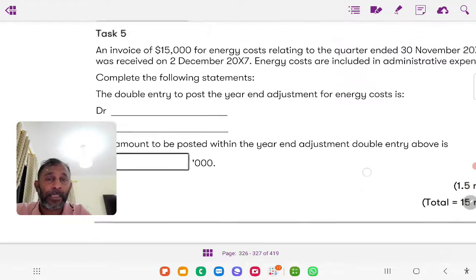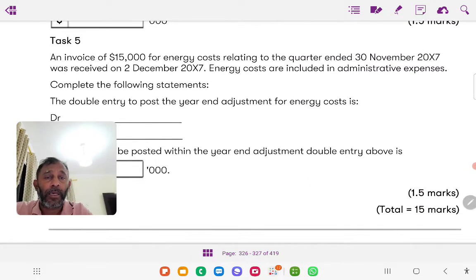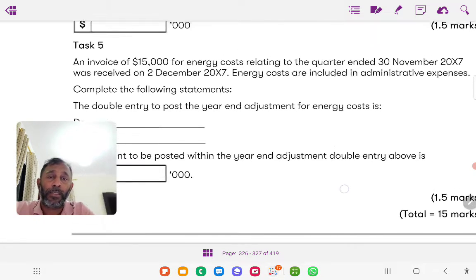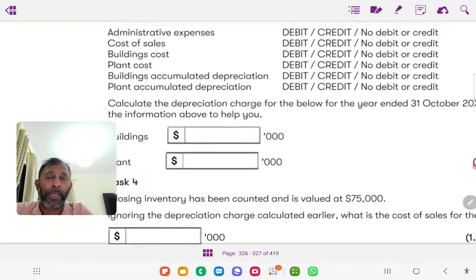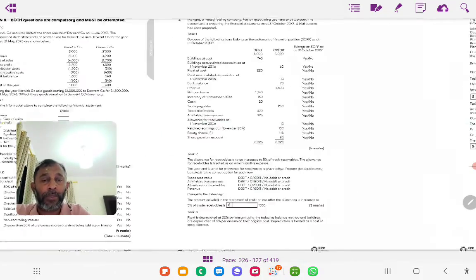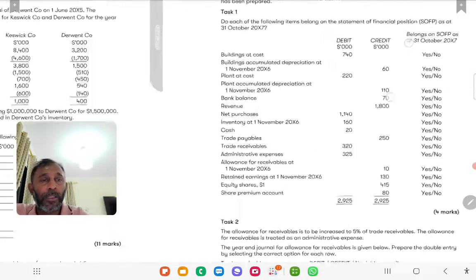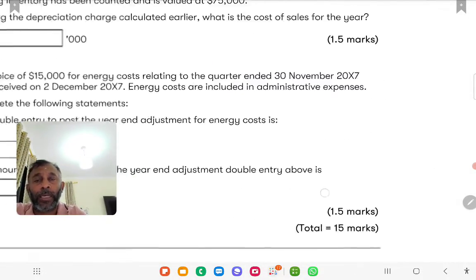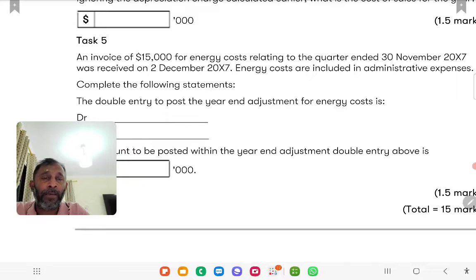We are receiving an invoice of 15,000 relating to the quarter ended 30 November, received on 2nd December. Our year end, when is our year end actually? Let's check. 31st October is our year end.